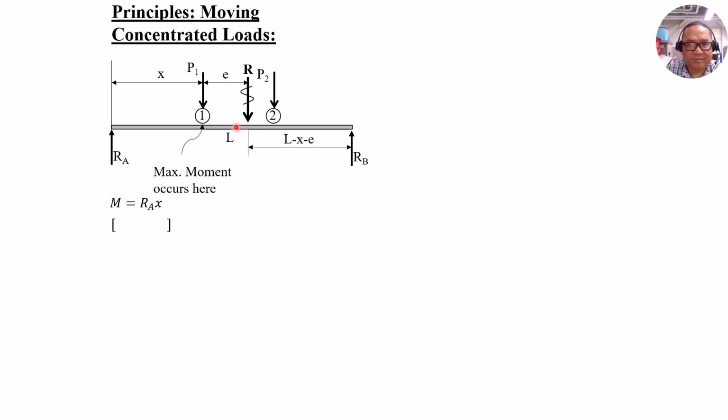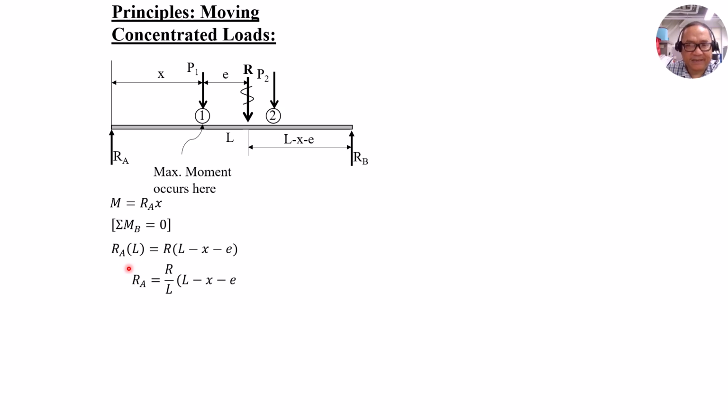So summation of moments about B equals 0, clockwise positive. So RA times L equals R times quantity L minus X minus E. Therefore, RA is equal to R over L, quantity L minus X minus E.